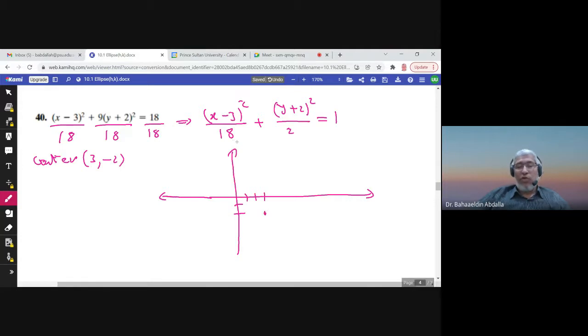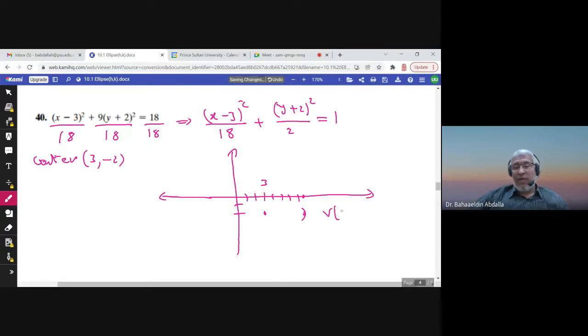I'll go square root of 18 units to the right. Square root of 18 is 4.2. This is 3. So I will reach this one. I can write the coordinates of the vertices, sorry.